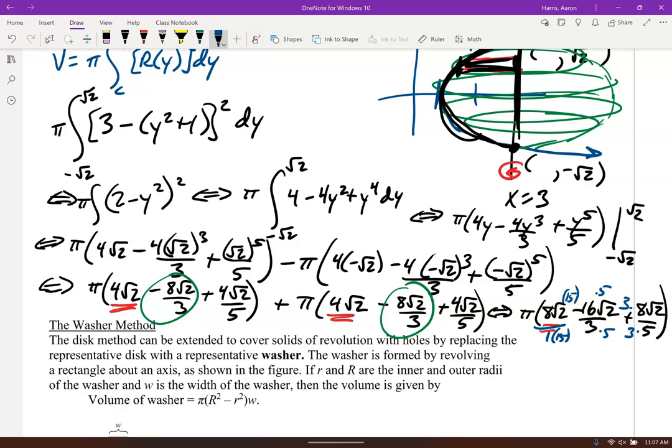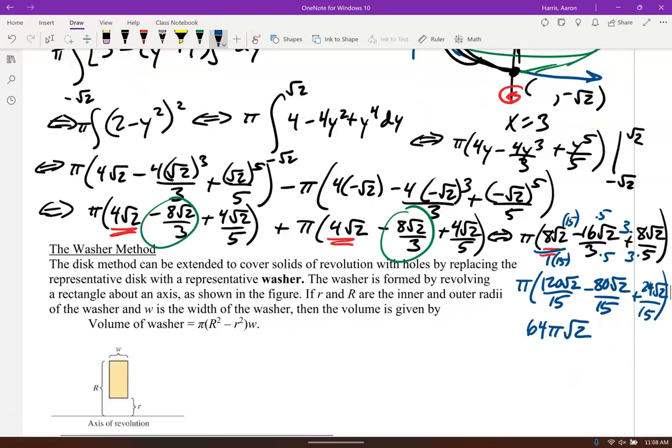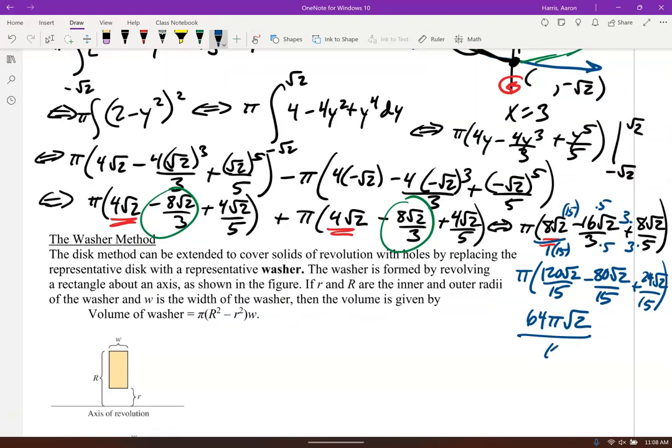And that'll end up being 20 root 2 over 15 minus 80 root 2 over 15. 4 root 2 over 15. I've got to give myself more room. And there we are.